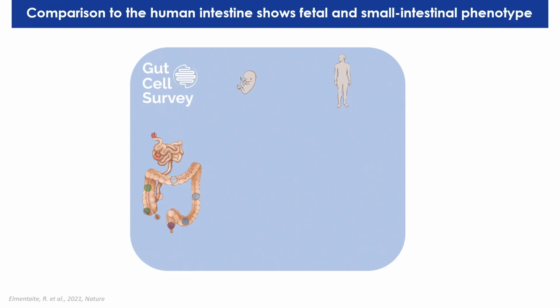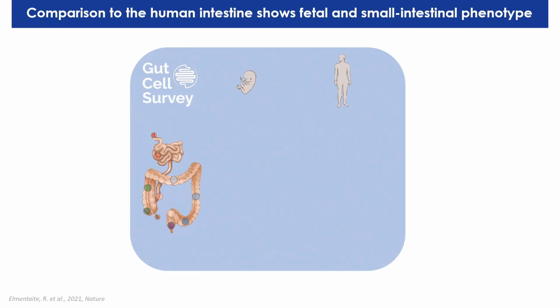And then we wanted to compare our data of the intestine-Chip to data of the human intestine. And for this, we use data of the Gut Cell Survey, which contains both different age groups, so from fetal to adult, as well as data of different intestinal regions.